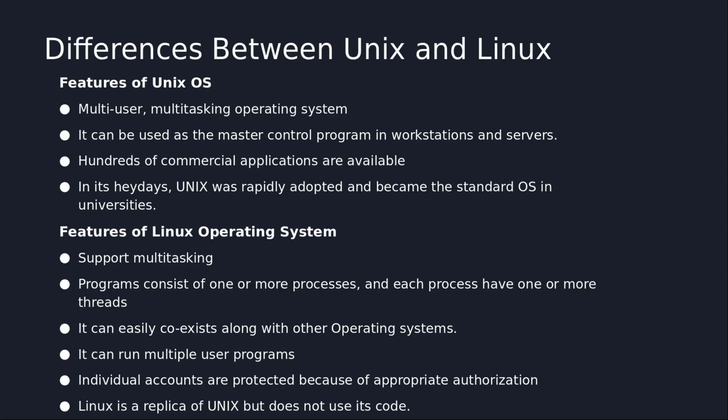You can also install it as a virtual machine through using VirtualBox or Parallels. Individual accounts are protected because of appropriate authorization. And basically, Linux is a replica of Unix, but it just doesn't use its code. So far, that's some of the primary differences of Unix and Linux.